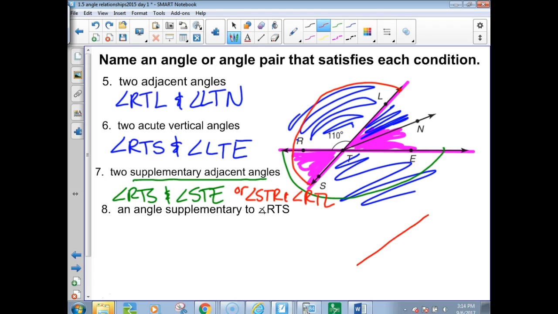Maybe this will help. If I have 2 lines crossing, these guys are supplementary, agreed? They add up to a straight line. This one and this one add up to a straight line. You can go all the way around in a circle. This one and this one make a straight line.